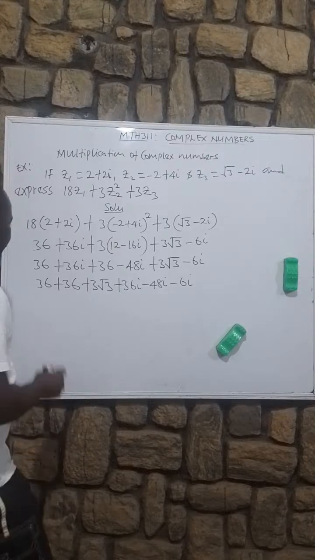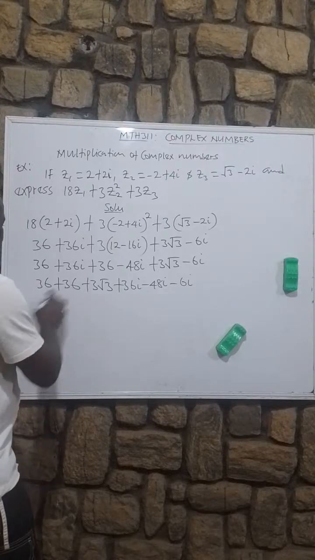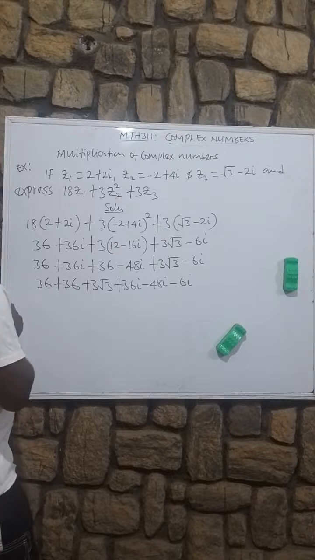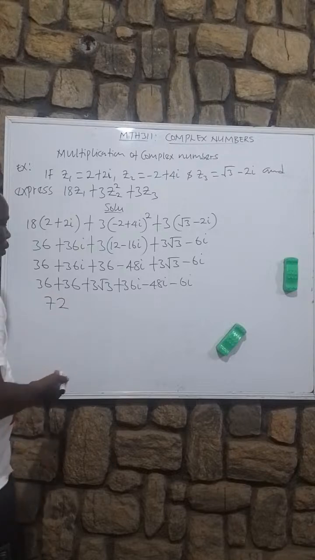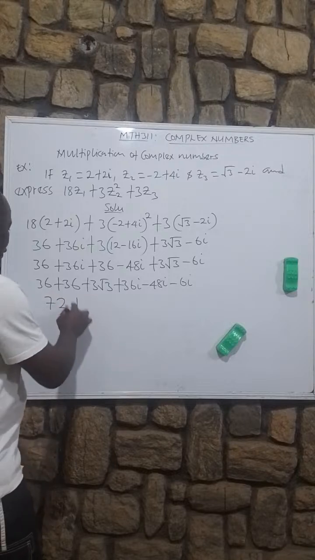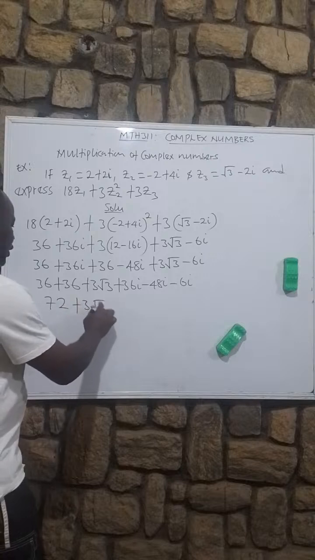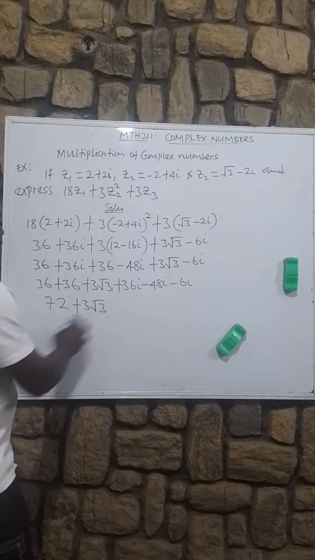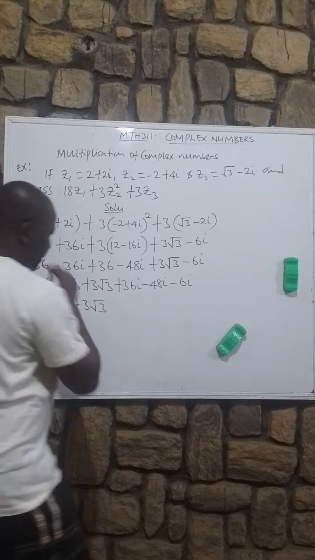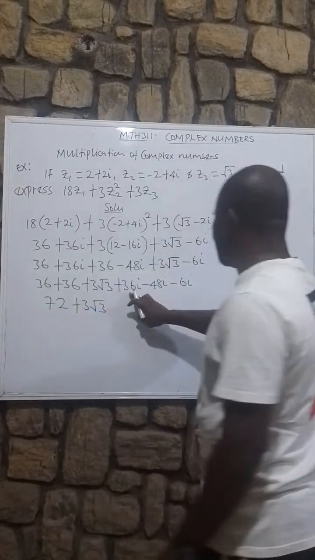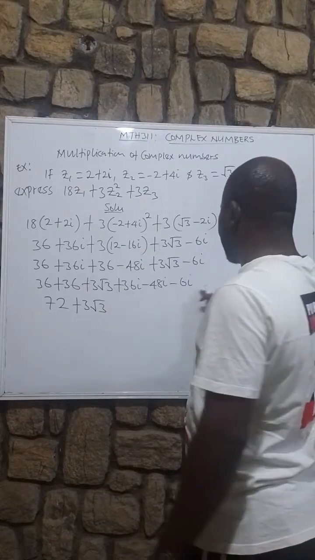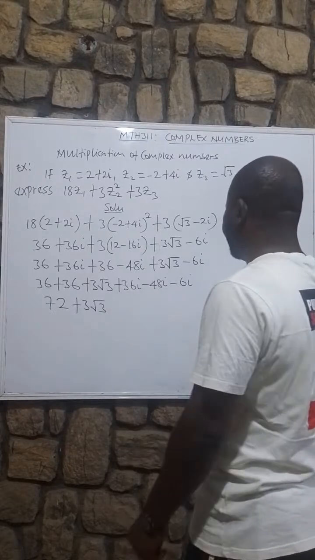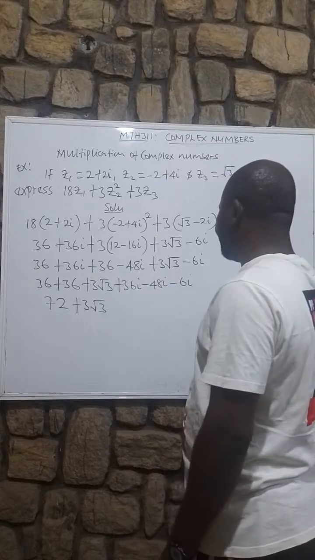So as you can see now, this one plus this is going to give us 72, right? 72 plus 3 root 3, you leave it like this, you cannot add this. Then I want you to add or subtract this and give me the answer.